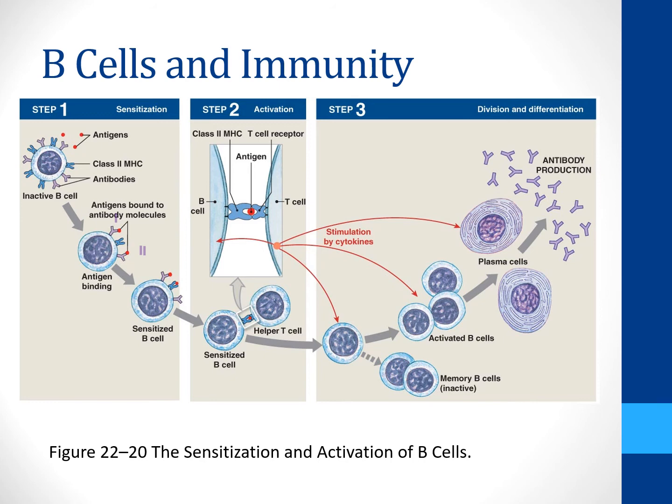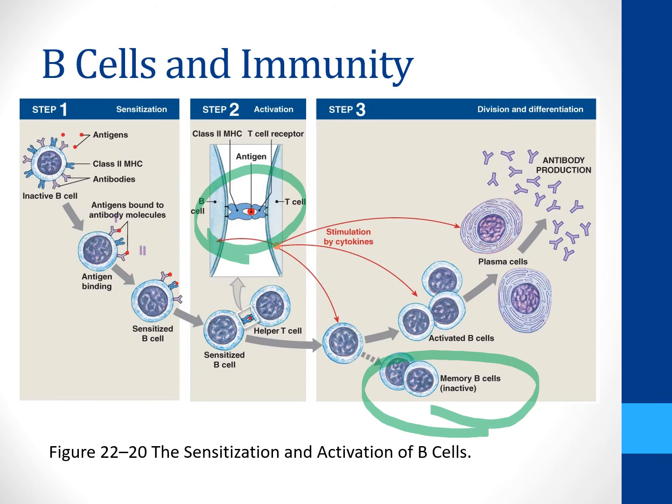The sensitized B cell is going to connect or bind to a T cell. When that happens, the B cell gets stimulated, cytokines are released, and the B cell is going to do a couple of things. One thing is it's going to make memory B cells, which are clones of itself.